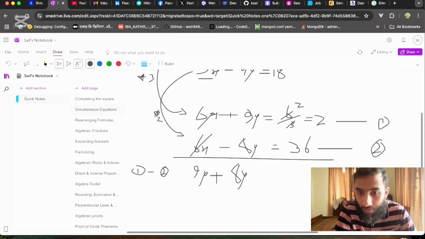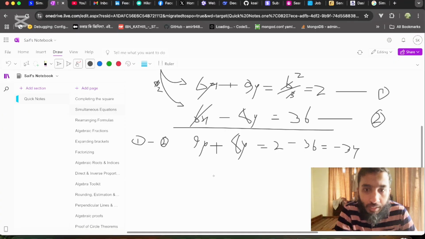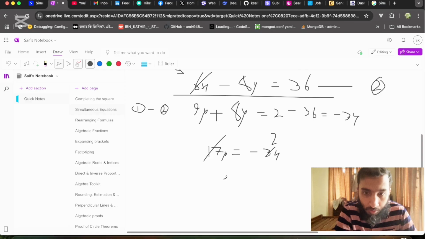I get 2 minus 36, which is minus 34. So 9y plus 8y is 17y, equals minus 34. 17 times 2 is 34. So y equals minus 2.